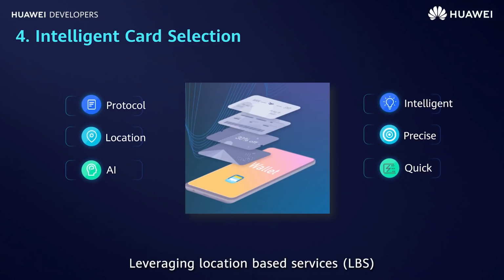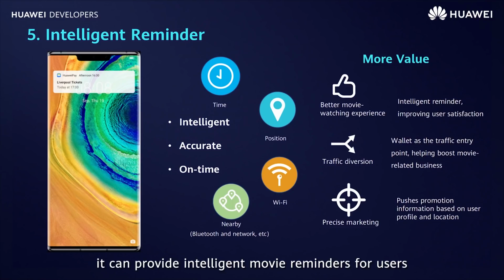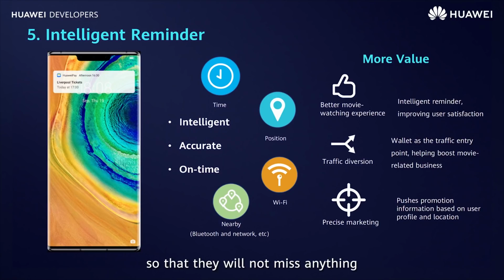Leveraging location-based services and AI and using a proprietary protocol, Wallet Kit provides intelligent, precise, and timely services. Working with the smart engine, it can deliver the exact services that are needed by users in various scenarios. For example, it can provide intelligent movie reminders for users so that they will not miss anything they should know about the movie.